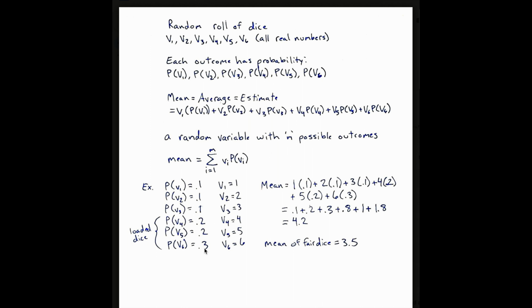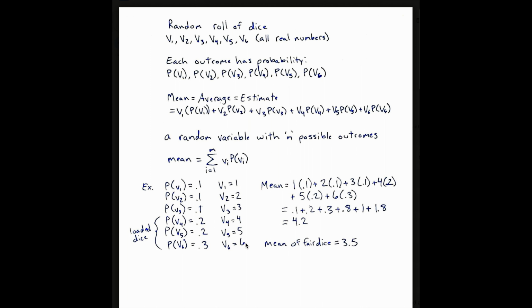It should be 1/6 if it was a fair dice, they would all be 1 over 6. But this is a cheating dice, a loaded die. So the probability of V1, V2, and V3 is going to be 0.1. Probability of V4 and V5 is going to be 0.2. And probability of V6 is going to be 0.3.